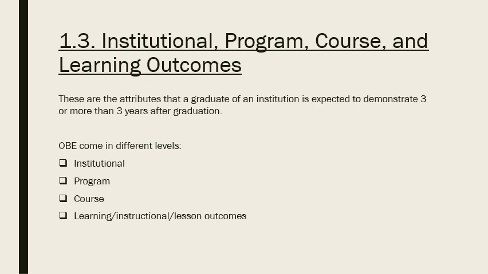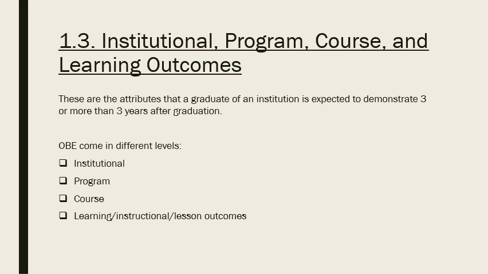So we have institutional, program, course, and learning outcomes. These are different levels of outcomes. There are the attributes that a graduate of an institution is expected to demonstrate 3 years after the graduation.